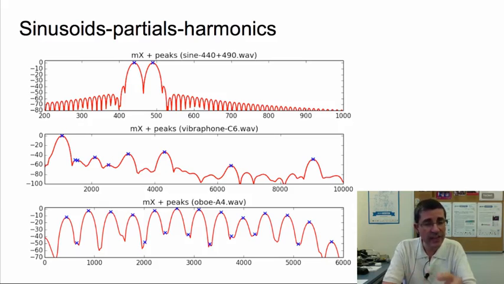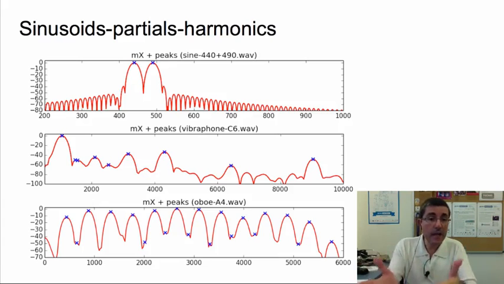So this second plot is one spectrum of the vibraphone, in which we see that there are several components in the spectrum that can be modeled with the idea of a sinusoid. Others not. So here there are some very clear sinusoidal components and some other aspects of the spectrum which might not be so easily modeled with the idea of sinusoids.